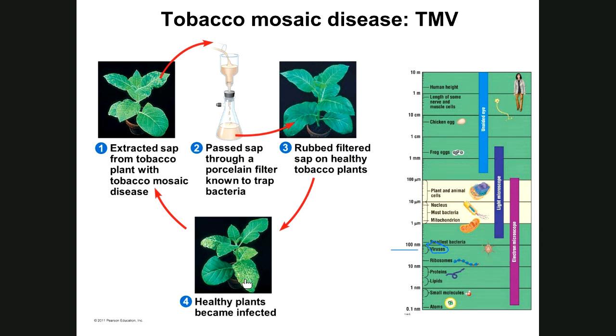By the 1930s, scientists had taken infected tobacco plants, extracted the sap from those plants, and then added that sap to a filter. You can't see the filter real clearly here, but the filter is roughly right here where I put the line.